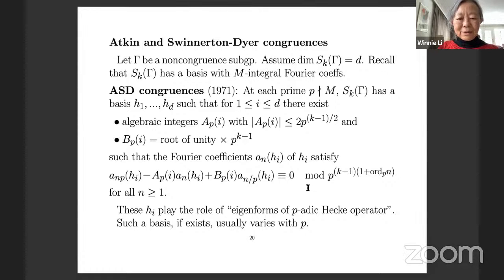Notice that we first make a choice of p, then we can find a basis, and each basis element satisfies this three-term congruence relation.